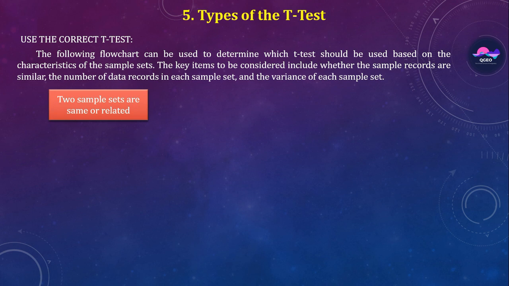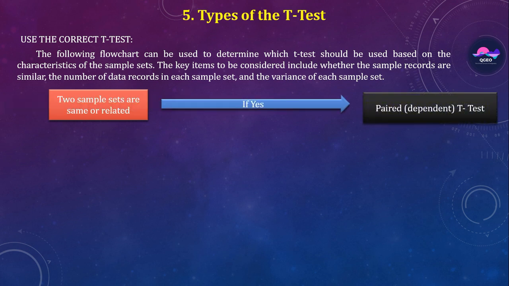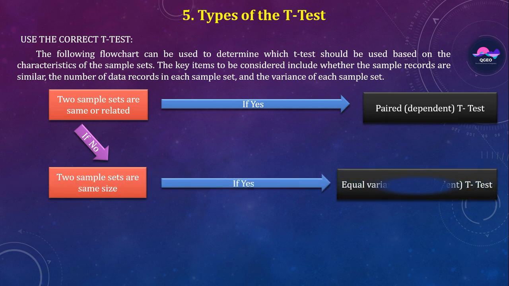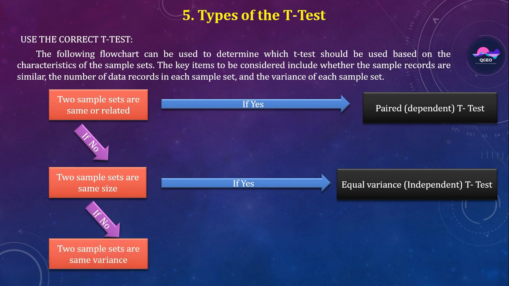Suppose two sample sets are same or related. If yes, then use the paired or dependent t-test. If no, then are the two sample sets the same size? If yes, then use equal variance independent t-test. If no, are the two sample sets the same variance?